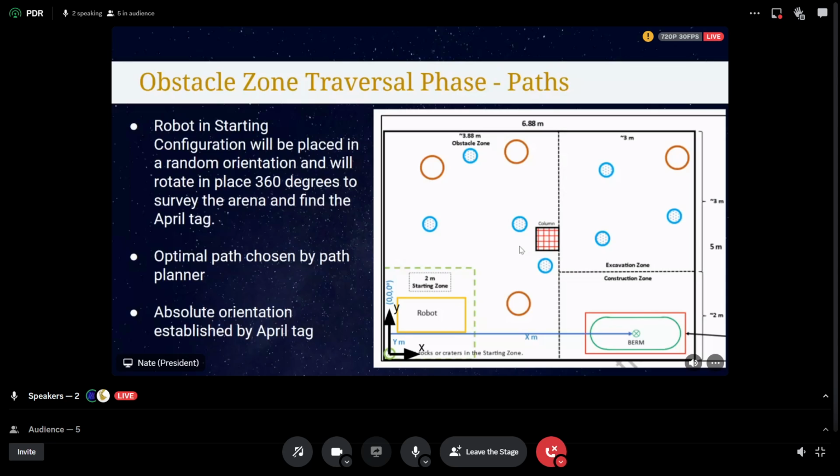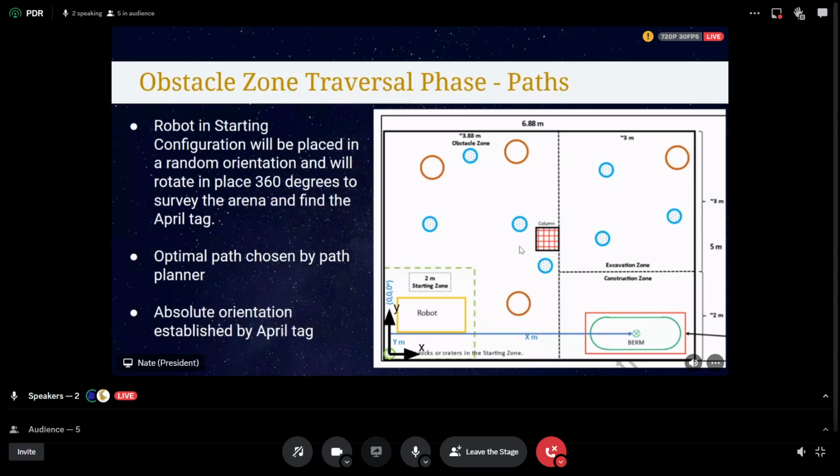This is a visualization of how our operations will go. The robot will start in the starting configuration, the box with the dashed green lines. It'll be in a random configuration, and the robot will rotate itself 360 degrees to survey the arena and find the April tag.